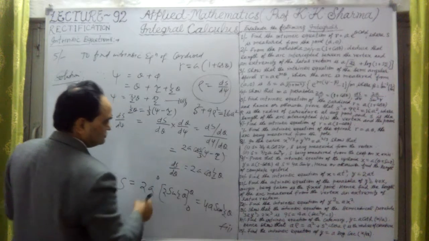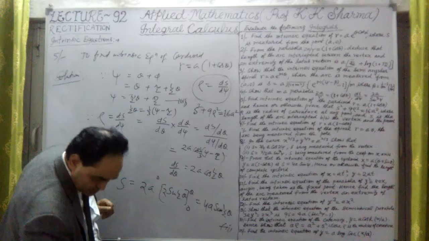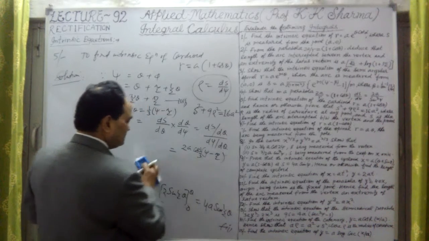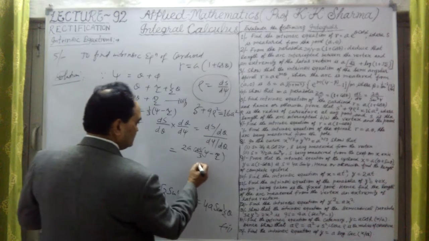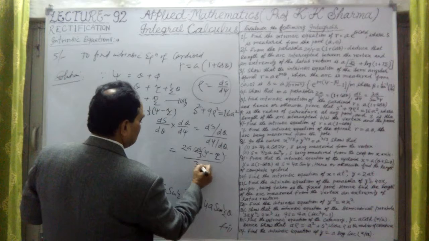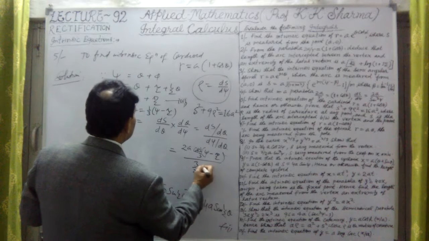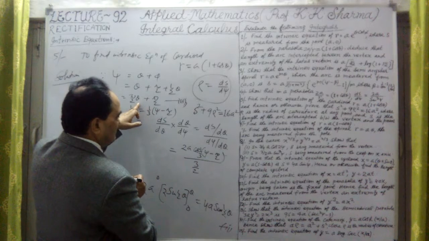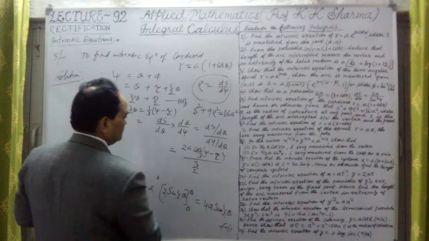Divided by, now let me write d psi upon d theta. What is this here? Sorry, d psi upon d theta is 3/2 only. Why?